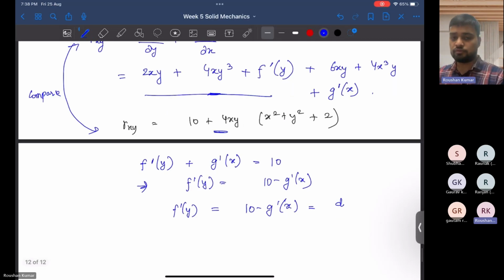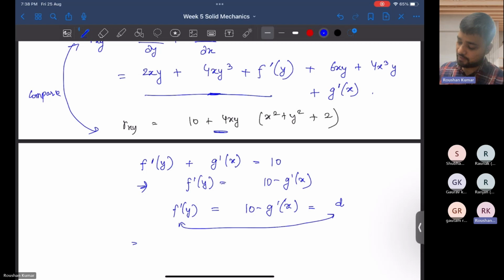So these two must be a constant value. So from here, we can find that f(y) equal to c1y plus c2.